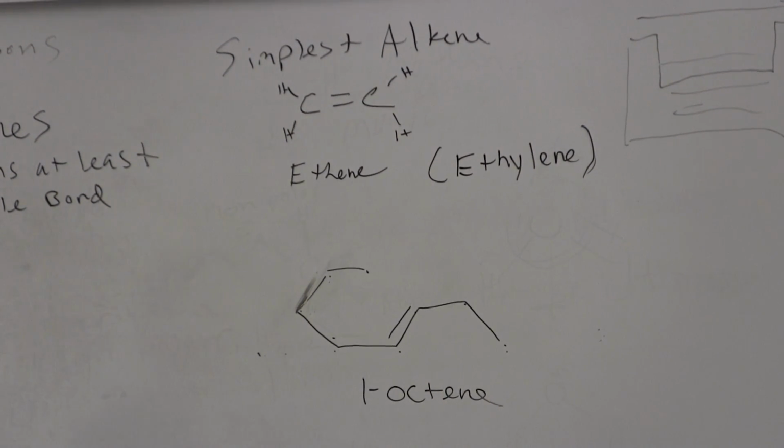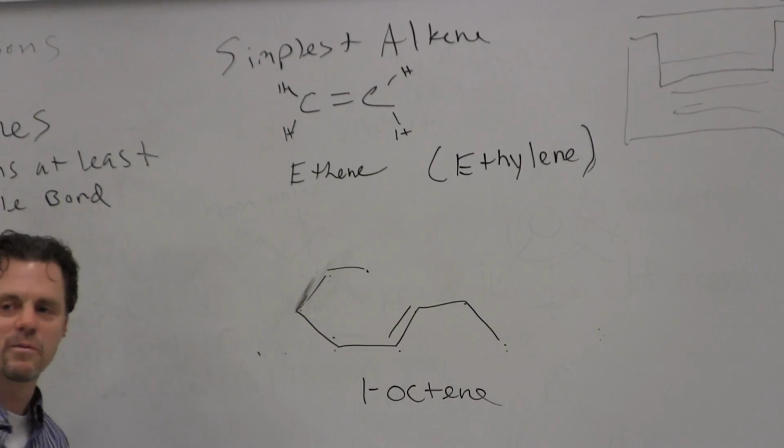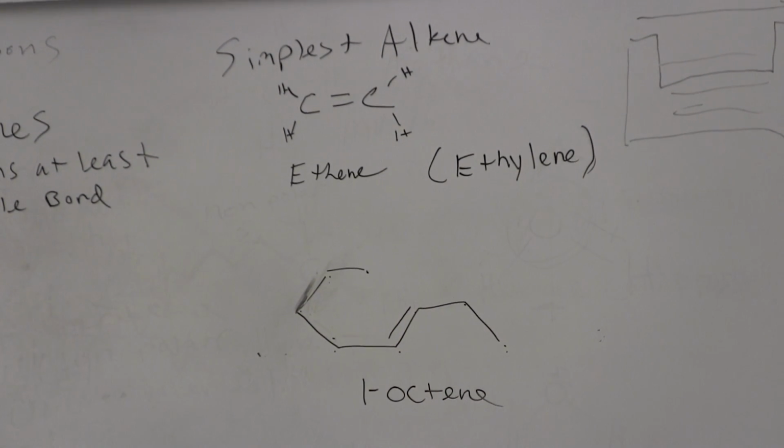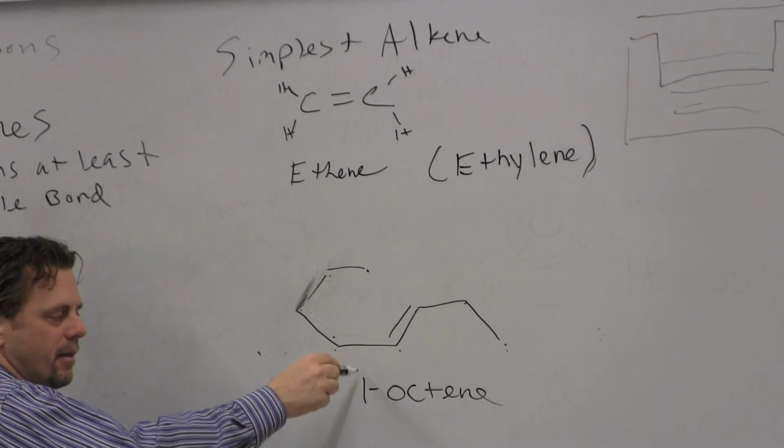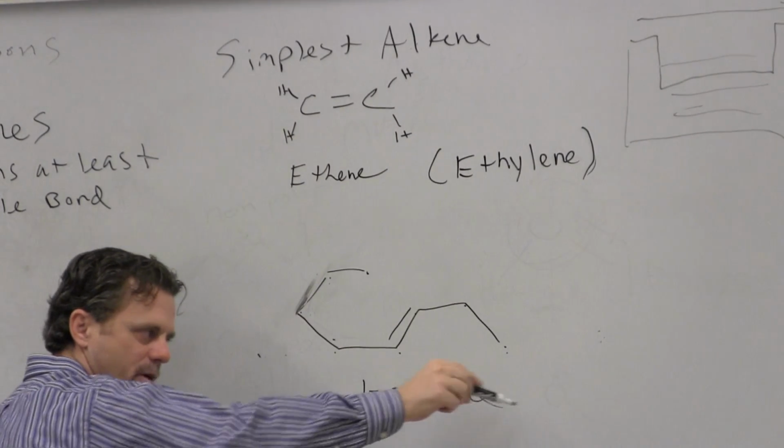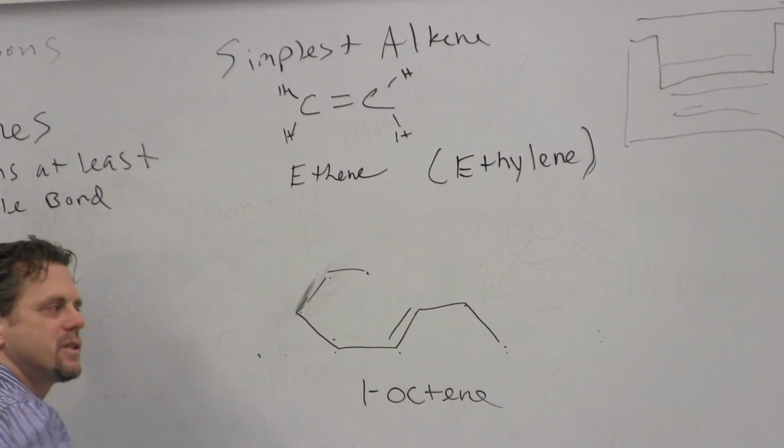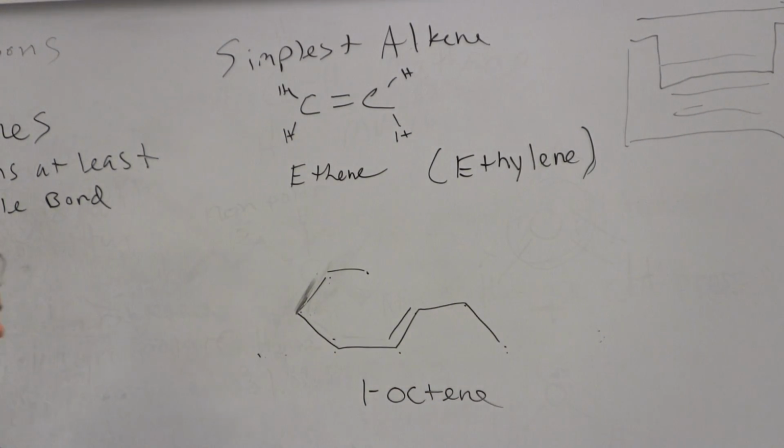Because then you just start numbering from this end. 1, 2, then that becomes 3-octene. Don't worry about it if you haven't had organic chemistry. Just know that when you see this numbering in front of the name of an alkene, that number is telling you the position of the double bond. That's all that is.